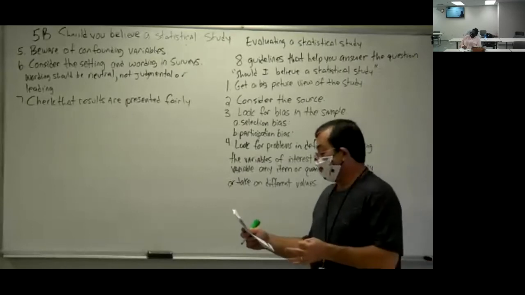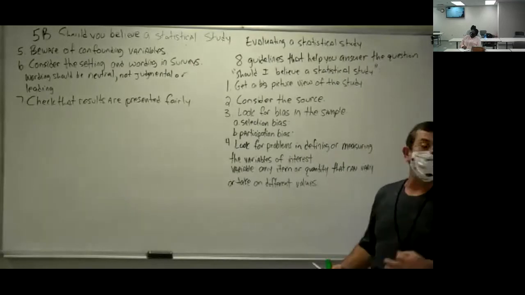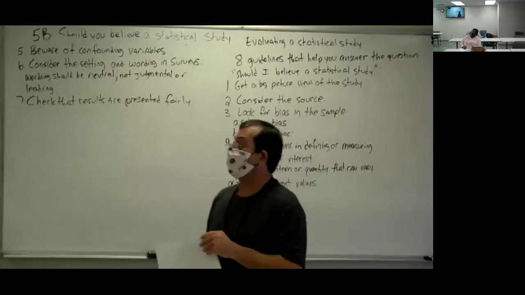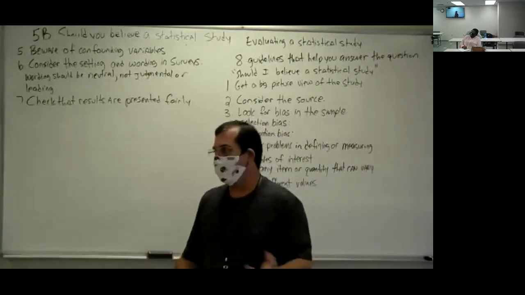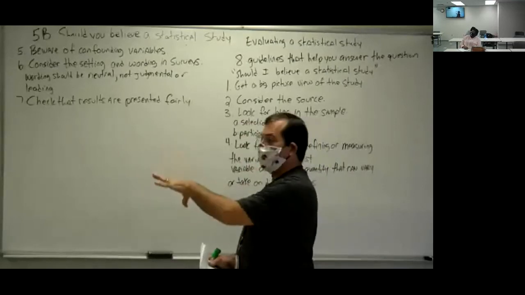Researchers may misinterpret the results or jump to conclusions not supported by the results, especially if they have a little bias and they want it to come out in their favor when they're done. You have to watch that. They might take all this data and interpret it in their favor.